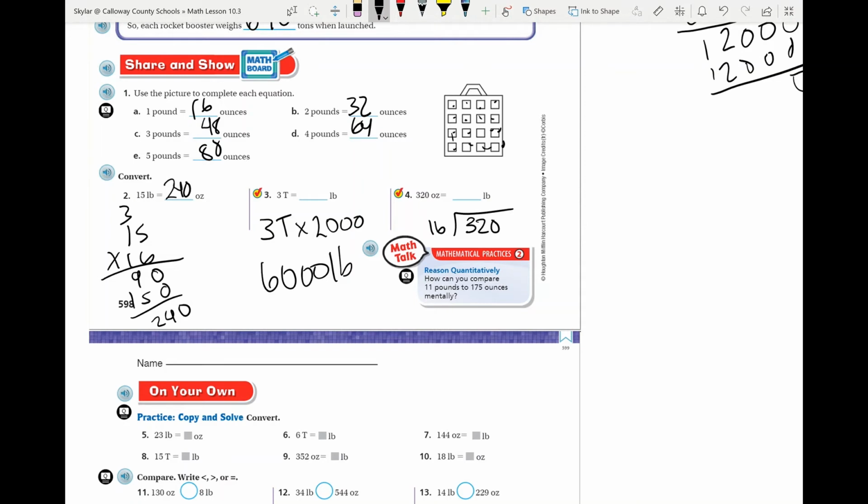So we can divide that. 16 will go into 32 twice. 0, drop down your 0, and 16 goes into 32 0 times. So 320 ounces is just 20 pounds.